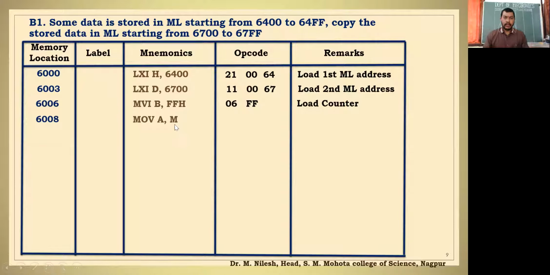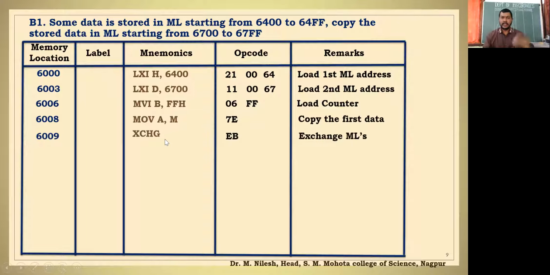Then we have to move the first data. Here again we have moved the first, meaning the 6500 content is moved into the accumulator. Now here we are exchanging: the DE and HL pair contents are exchanged. Then, I have not used proper memory locations here, so use the proper memory locations.